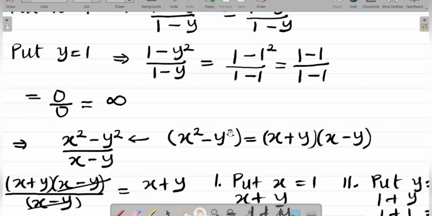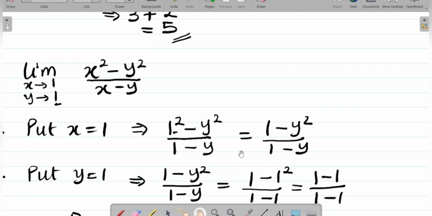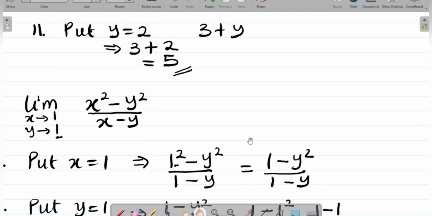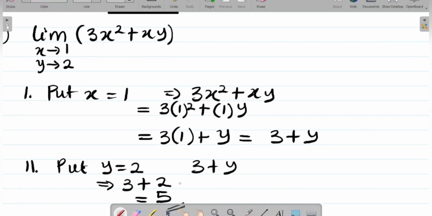So in simple terms, we can say a function is said to be defined if on direct substitution you have an answer, just like in example 1. Then we can say the function is defined.